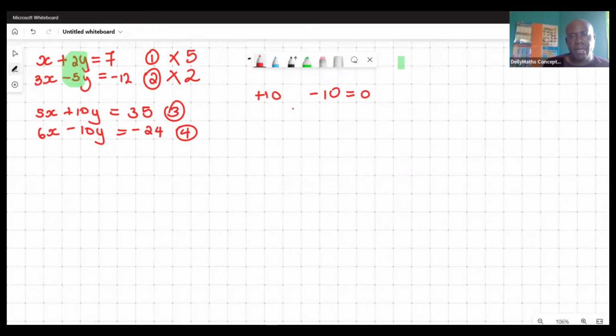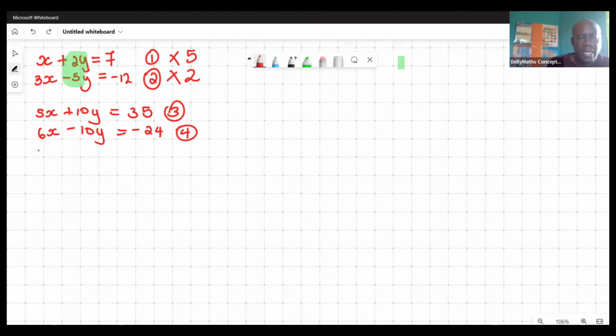If I add these two numbers, we will get 0. So adding equation 3 to equation 4 will help us eliminate the y variable, which was what we wanted to do. We could write a note that we want to add the two equations.